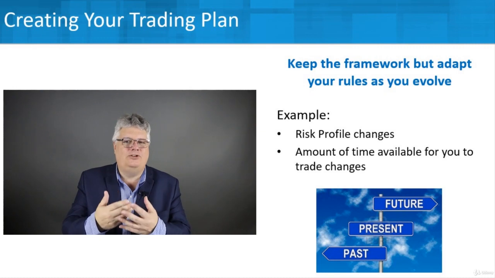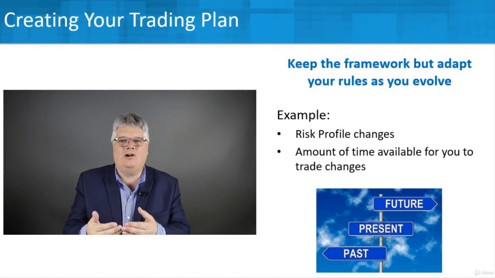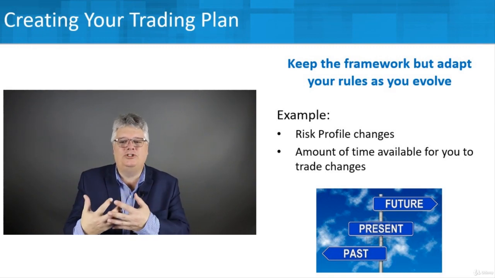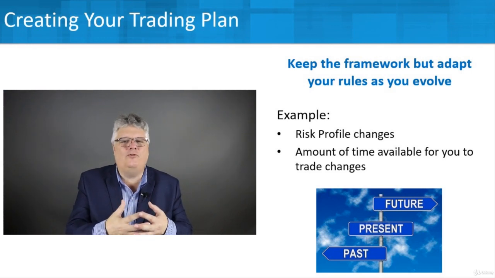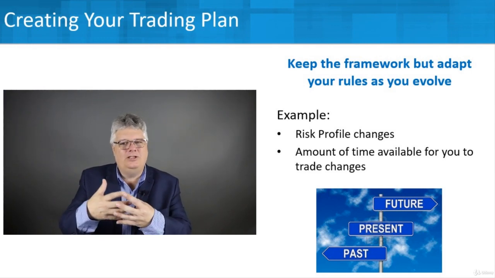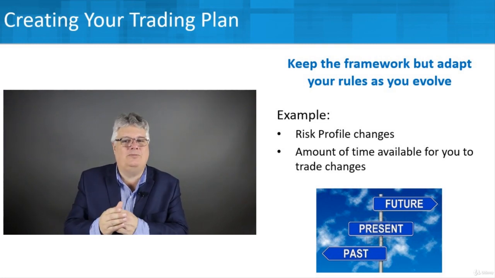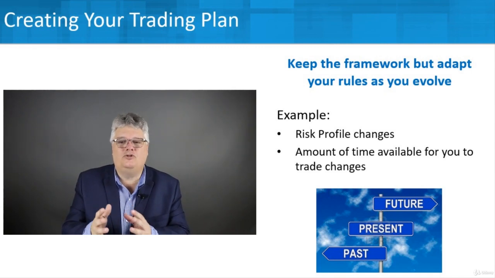So for example, as you do more trades, you're going to become more comfortable and more confident, which means your risk profile is going to change. You might have started trading a little bit nervous, and that's perfectly okay. Everybody is. But as you do more trades, you see some success, you're going to take on maybe a little bit more risk, possibly, because you're more confident and more experienced and better at trading in general.